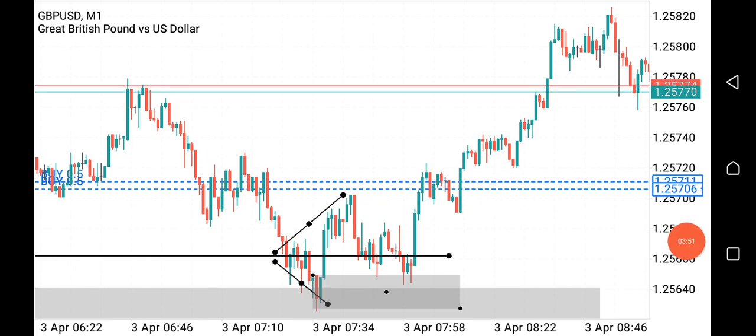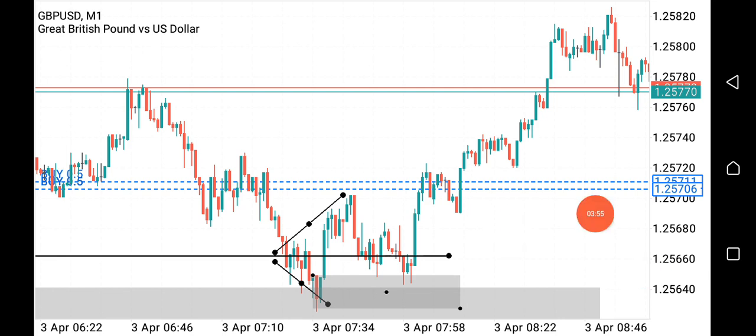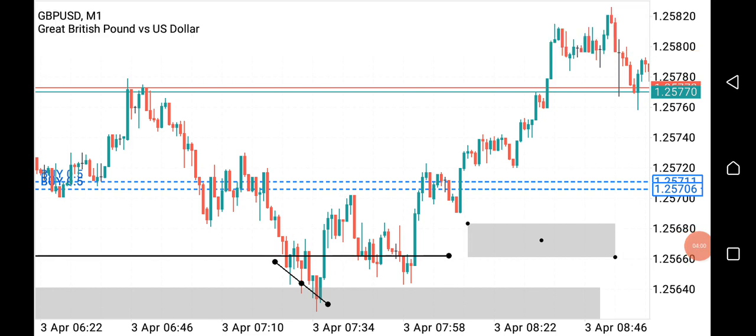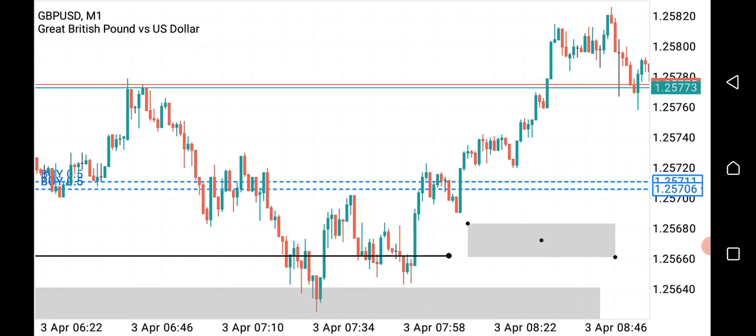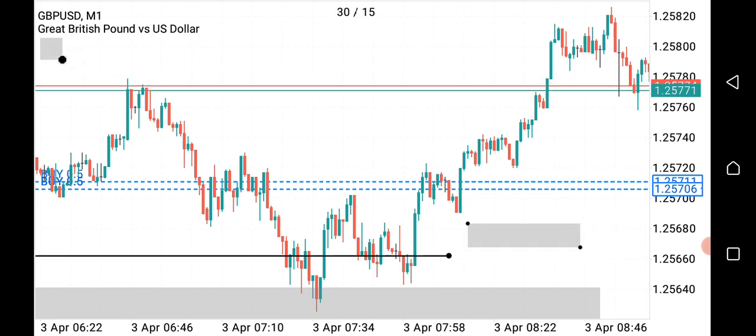Because usually, if you have been following my videos, I believe you must have understood this breaker block, how it works. So I'm going to take out these lines so as to make the screen clear. I'm going to just leave this one because I'm still going to use it.